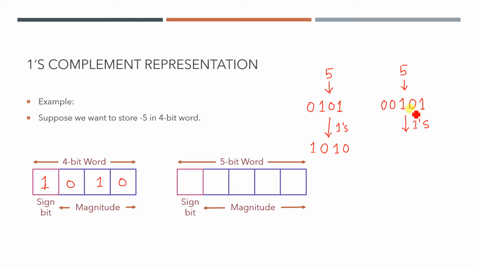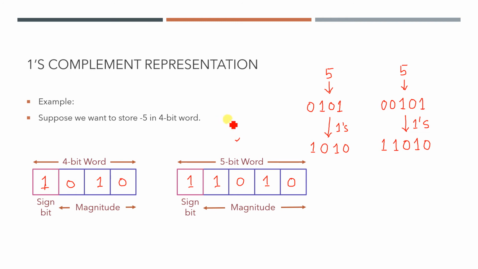So what is the ones complement of this value? This 0 becomes 1, this 0 becomes 1, this 1 becomes 0, this 0 becomes 1, and this 1 becomes 0. So now this is the ones complement representation of 5. So I will directly write 1 1 0 1 0. Now you can see the sign bit is already 1, which means it is a negative number, and this represents the negative 5. Okay, this is how the ones complement work.